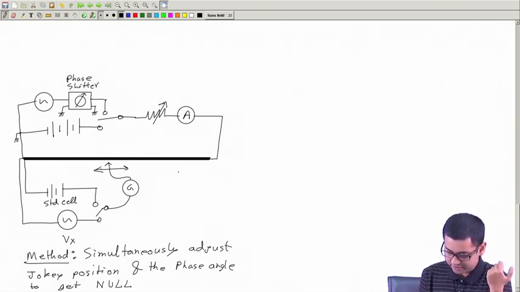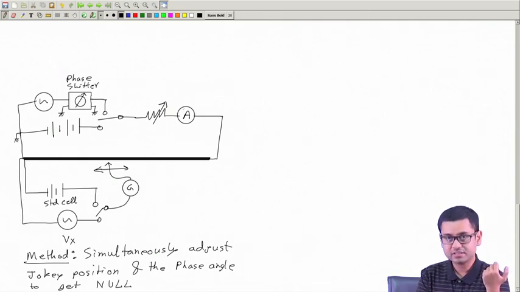And one more thing, you have to ensure that this current or this reading is not changing.